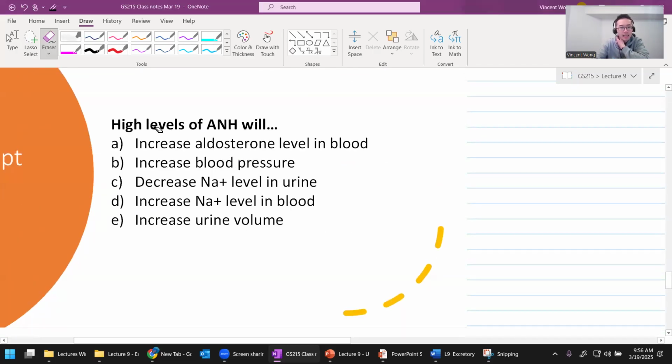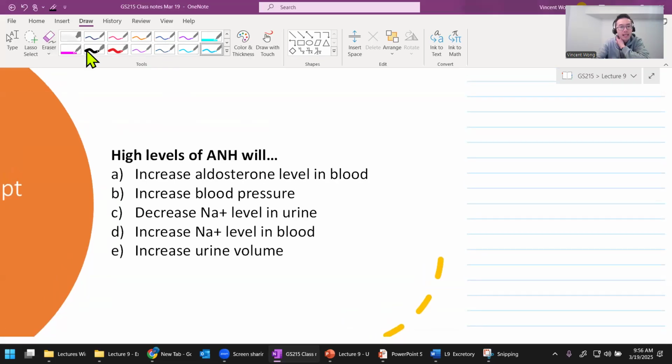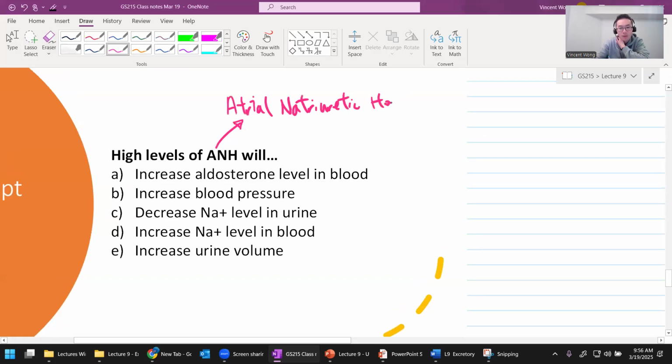Okay, high levels of ANH. Oh man, I'm so sorry. There are so many names for the same thing, and sometimes I get confused. This is atrial natriuretic hormone. Okay, same thing as the one I wrote in the note.